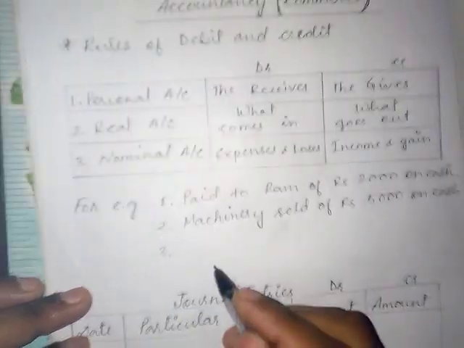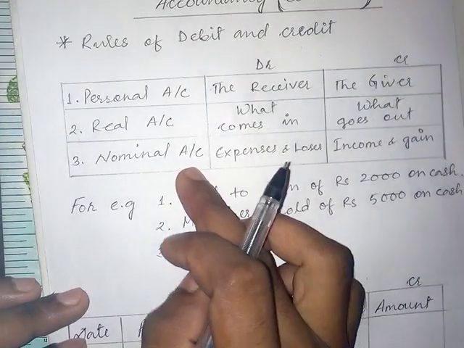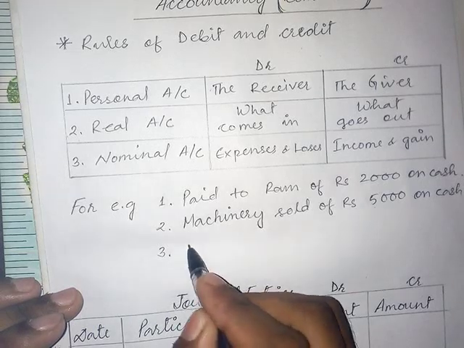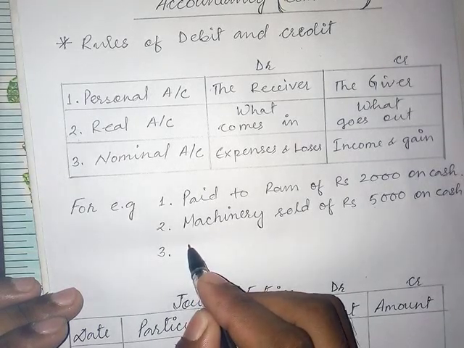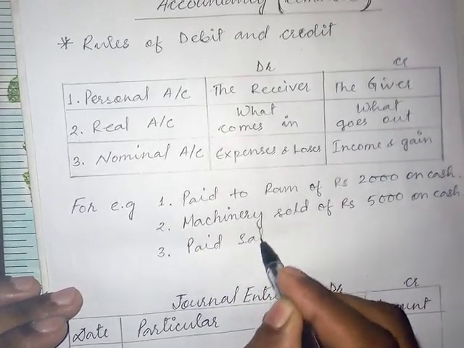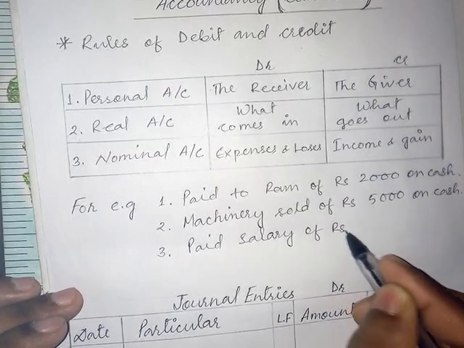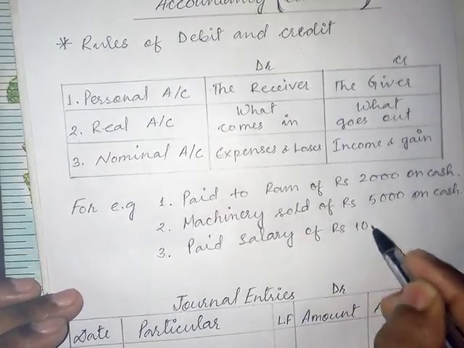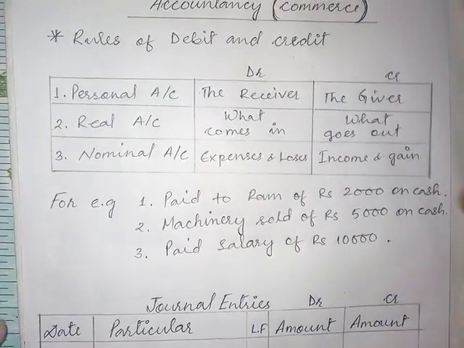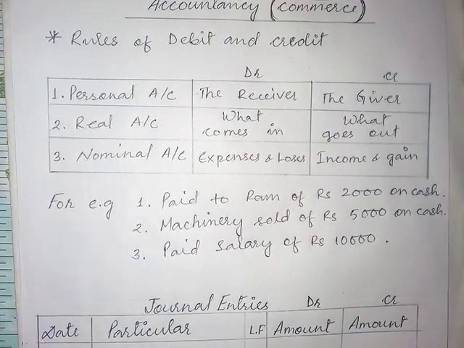Next, the example of a nominal account, which means expenses or loss: paid salary of rupees 10,000. These are the examples of personal, real, and nominal accounts.